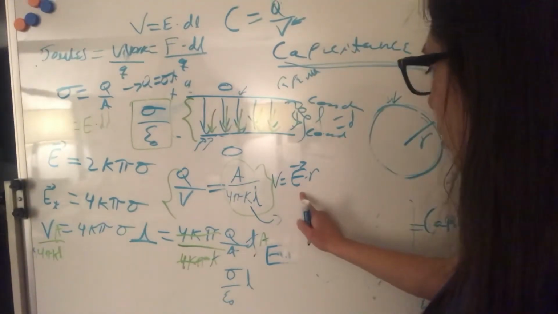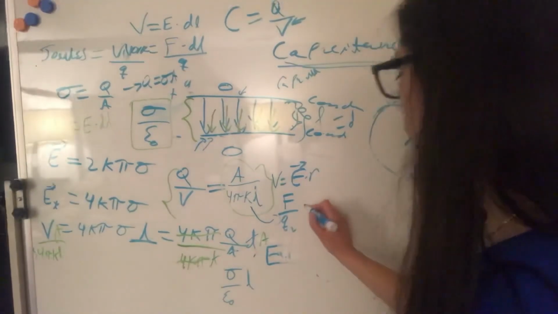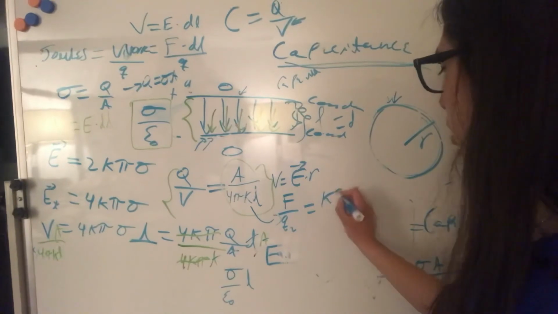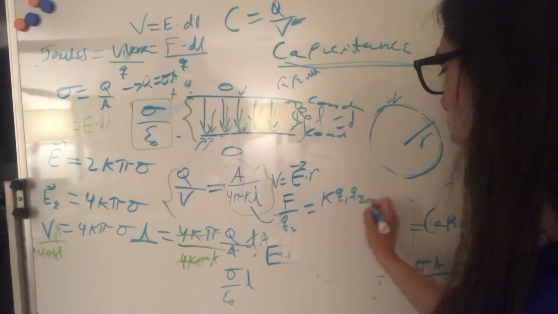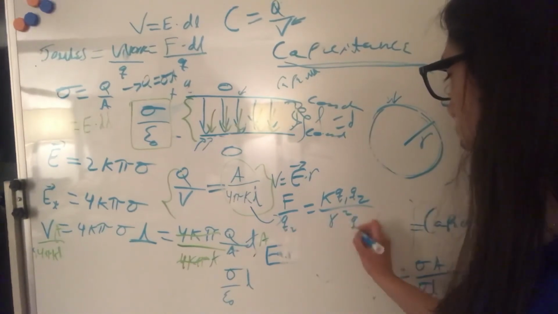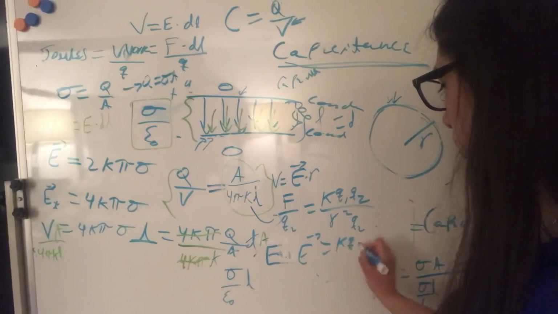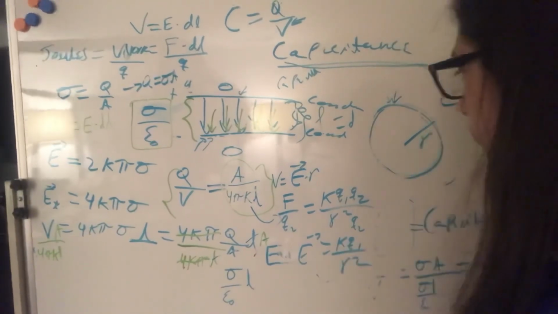We also know that the electric field is force divided by Q2, and the force is Coulomb's constant times Q1 times Q2 divided by r squared, and then divided by this Q2. So we have that the electric field is just k times Q1 divided by r squared.